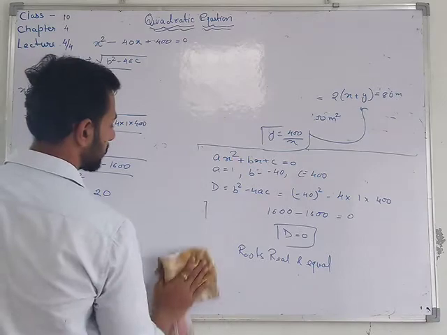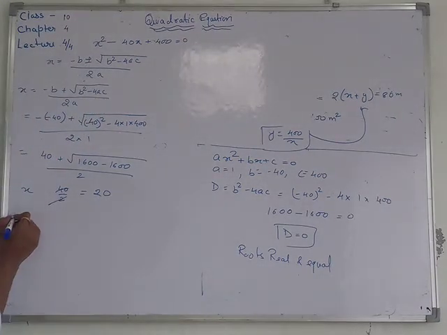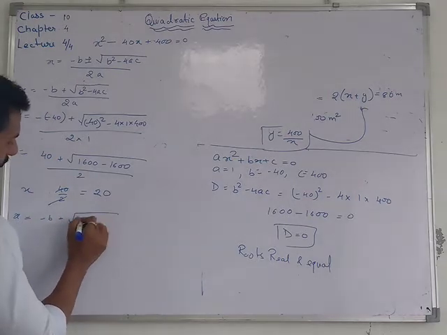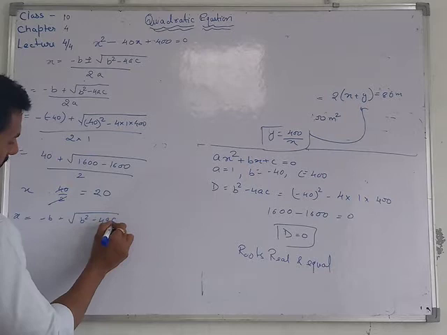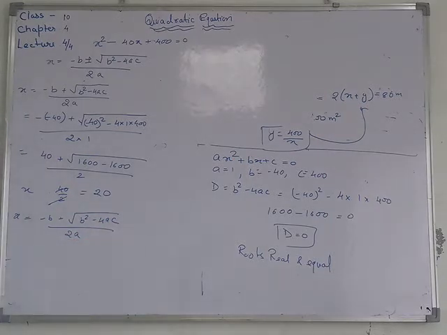Now solving for the negative part, x is equal to minus b minus under root of b square minus 4ac upon twice of a.